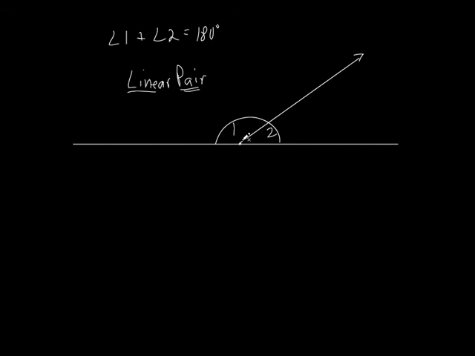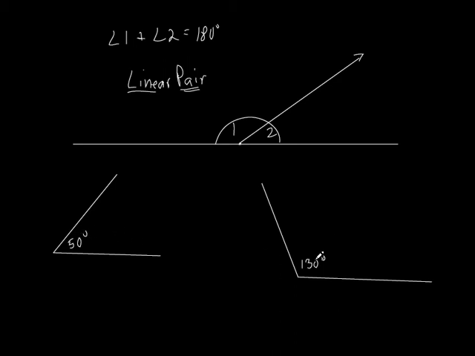So that's a linear pair. And they do add up to 180 degrees. All right? Now, what if I did this? What if I said, here's an angle right here, and here's another angle right here, like this. What if I said that this was 50 degrees, and let's say this was 130 degrees? All right?